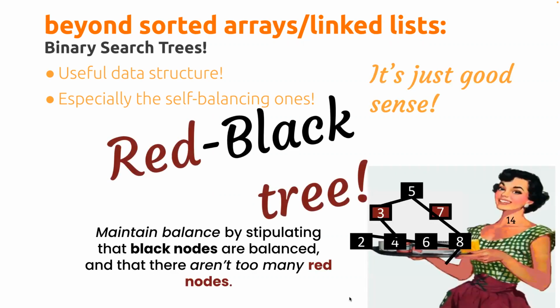You guys don't need to know how to balance the red black tree or what exactly the properties are that it maintains, but you do need to know that if you have a balanced binary search tree, what is the running time of finding an element or inserting an element? Yes, log n, because it is always the height of the tree. And if the tree is balanced, the height is going to be log n.